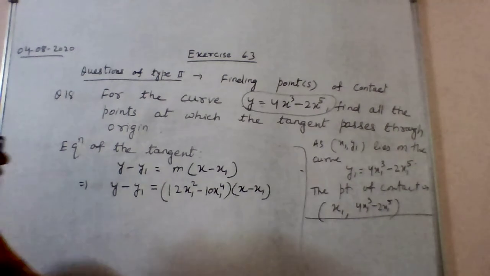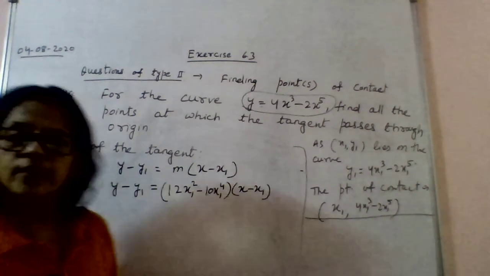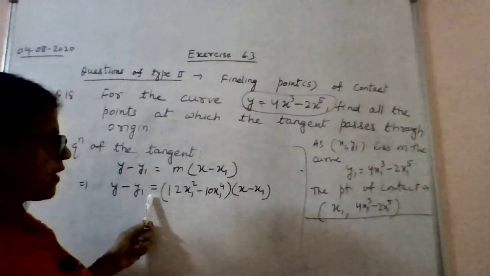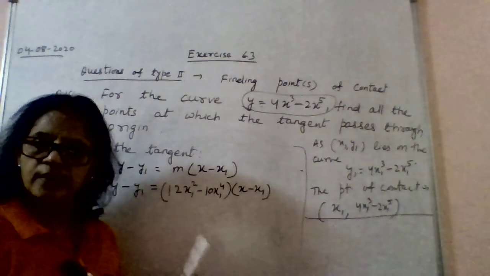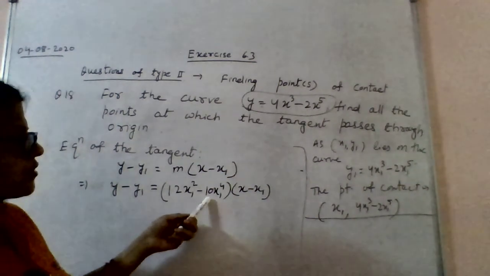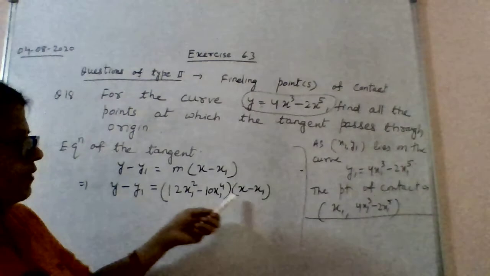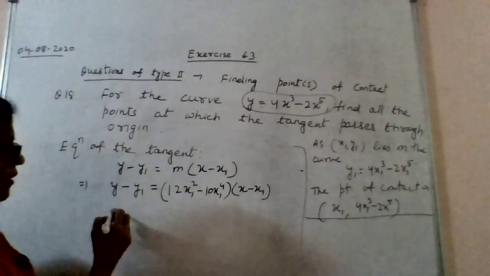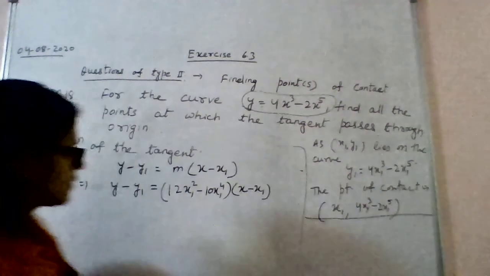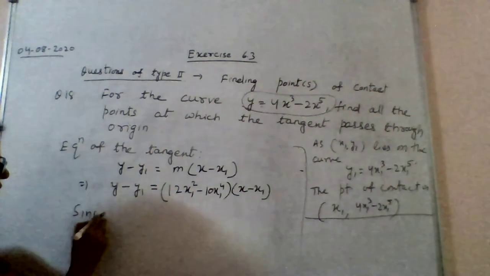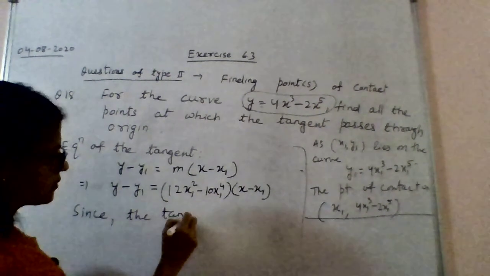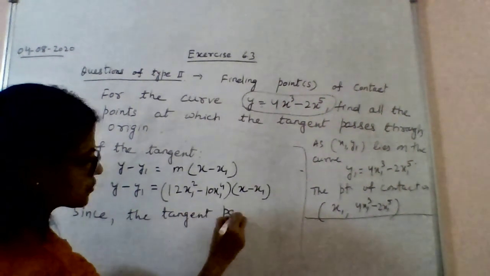The equation of the tangent is y minus y1 equals m into x minus x1. Here m is dy by dx at x1, y1, that is 12x1 square minus 10x1 to the power 4, into x minus x1. Now, according to the question, the tangent passes through the origin.